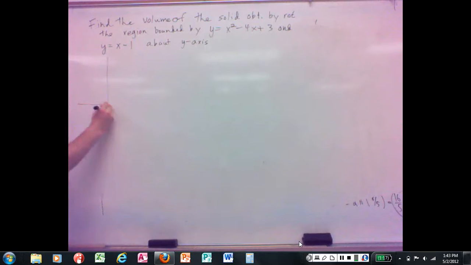Okay, well, here's our picture. x squared minus 4x plus 3. Graph that in our old handy dandy calculator here. And x minus 1.